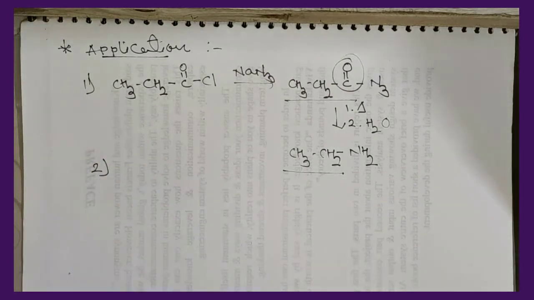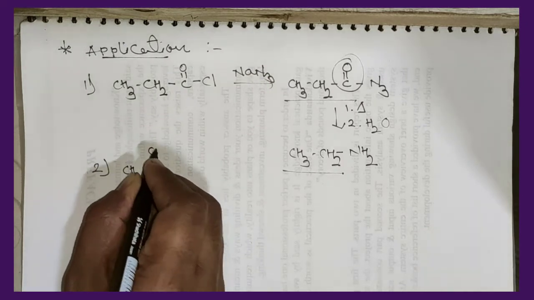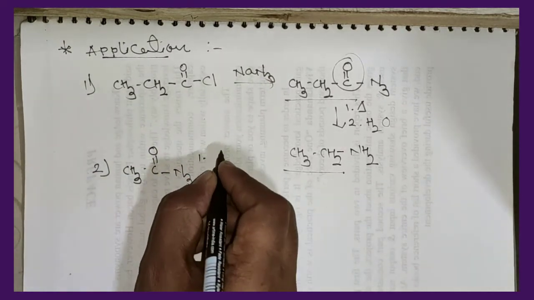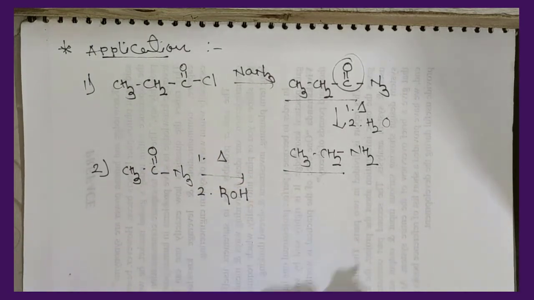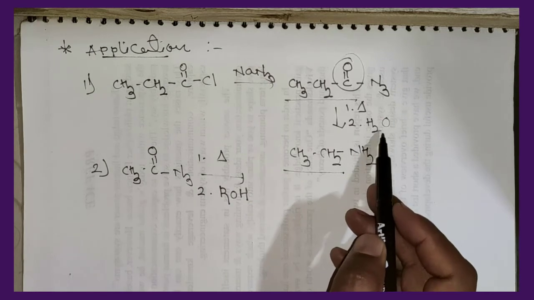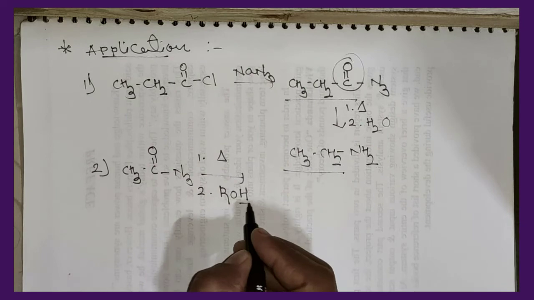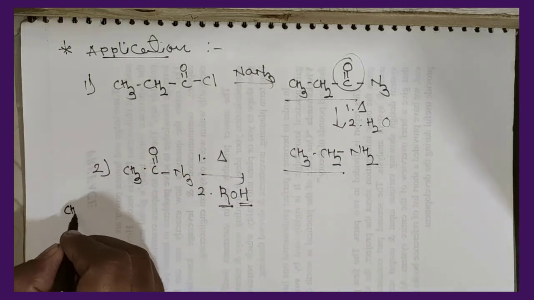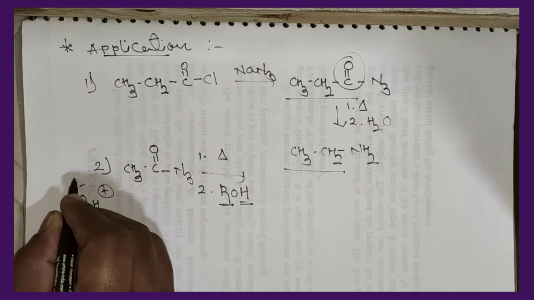Second application. Suppose the starting material is like this, CH3, C double bond O, N3, and first it is heated, second it reacts with an alcohol, any alcohol. In the last step we added hydrogen and OH, but instead of that, here hydrogen and an RO part are added, because as we discussed, in the case of any alcohol, this part is negative and hydrogen is positive.